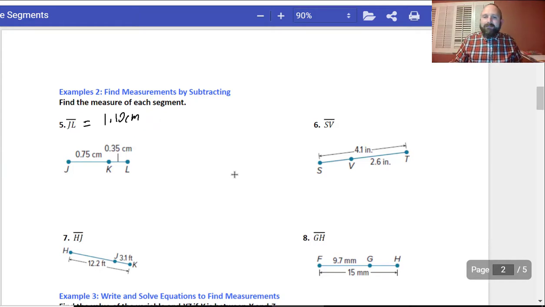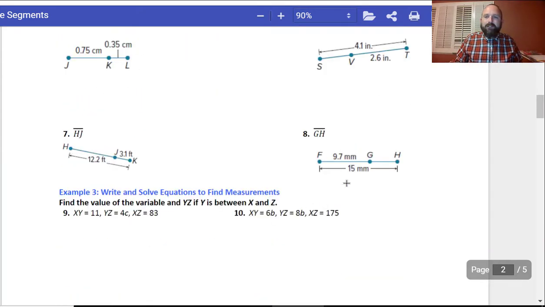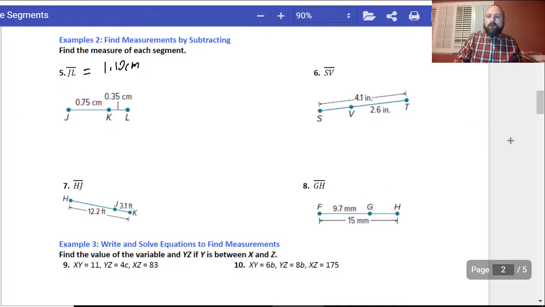So we have 6 and we have 7 right here we're going to do. So I know the total. I know that SV plus VT is equal to ST. We're basically saying, here's our segment addition postulate right here. Well, I don't know what this is, so I can call this X. Now I'm going to add 2.6 inches, and I know that ST is equal to 4.1 inches.